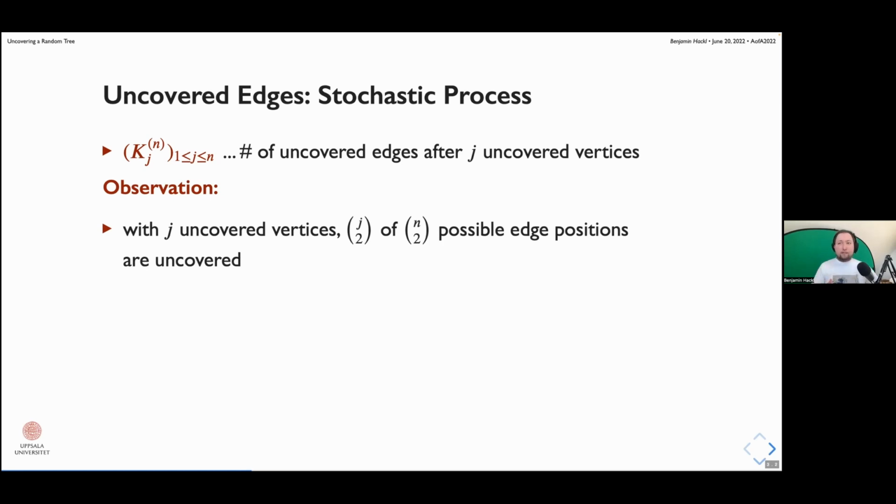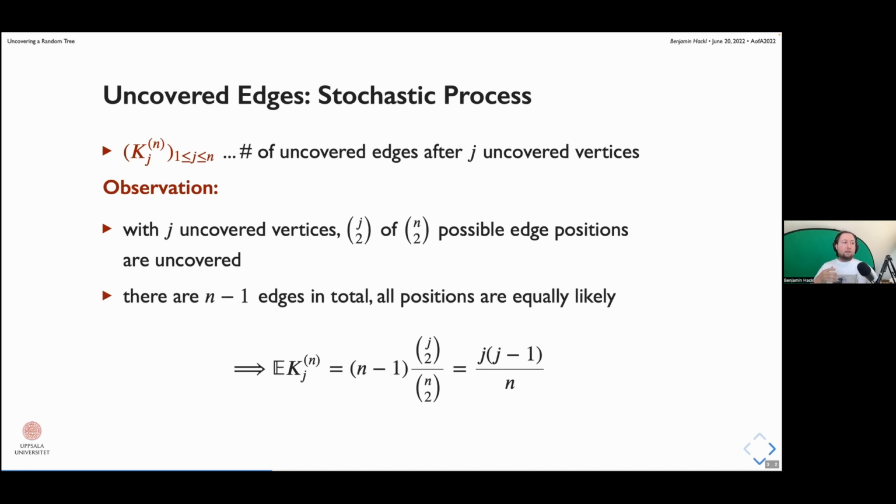And as we are investigating all labeled trees, we know that across all of them, every position for an edge is equally likely, which means that, as we have n-1 edges in total, we can immediately derive the expected number of uncovered edges after j uncovered vertices, which is given as j times j-1 over n.